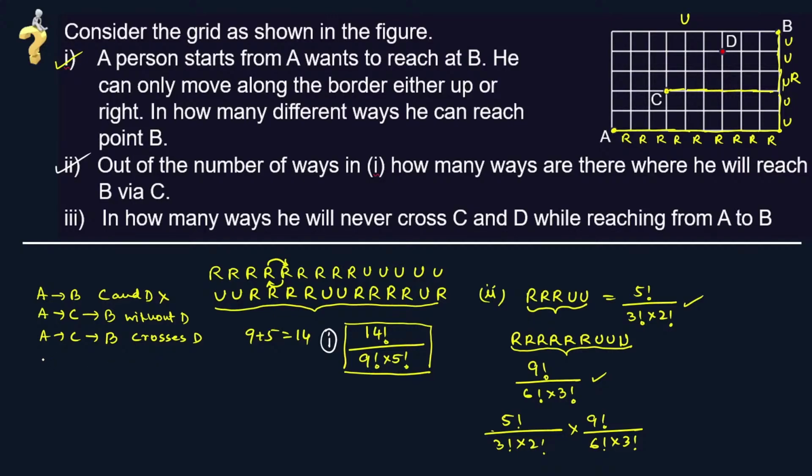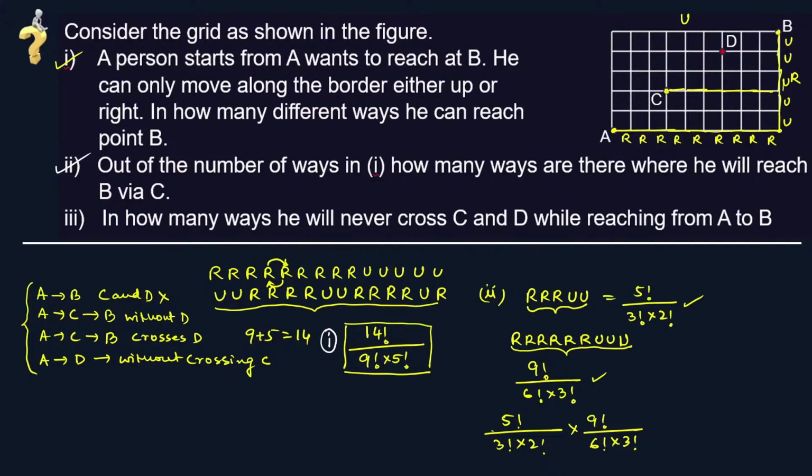Or A reaches directly to D without crossing point C. That can be another option. So these are the 4 options available to us if the person wants to reach from point A to point B, with the condition that he can move only up and right. Okay, so these are the only conditions.